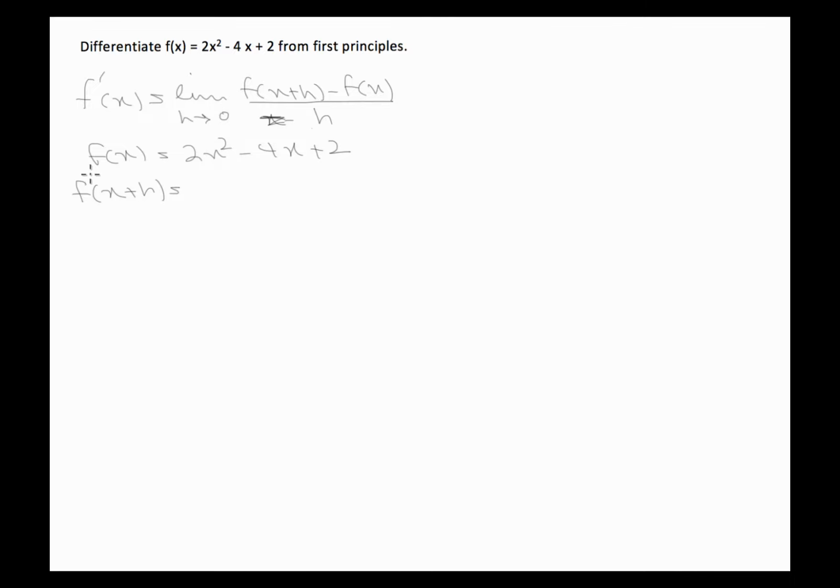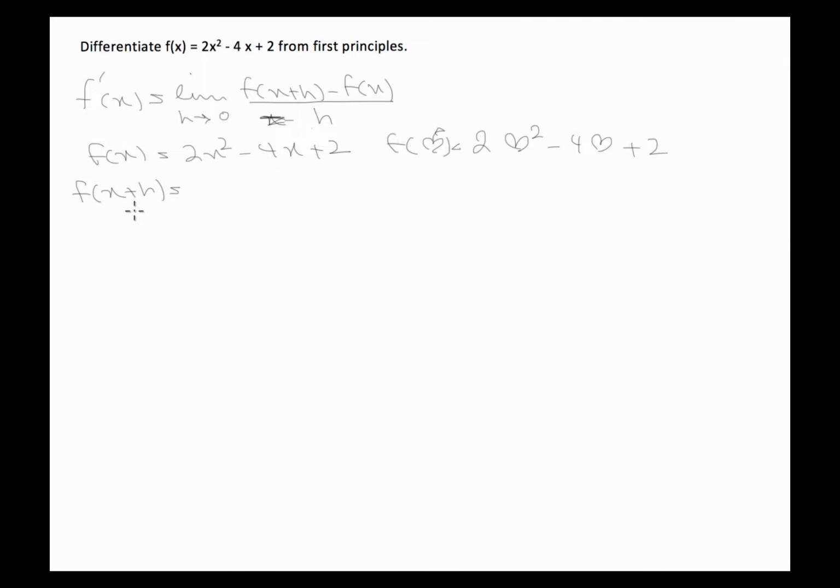This f(x) function is telling you that any input you give to your function, it's going to take that input, multiply it by 2, square it, minus, and so on. So if I gave this an orange or an apple, all it would do is take the apple, multiply it by 2, and then do this to it.